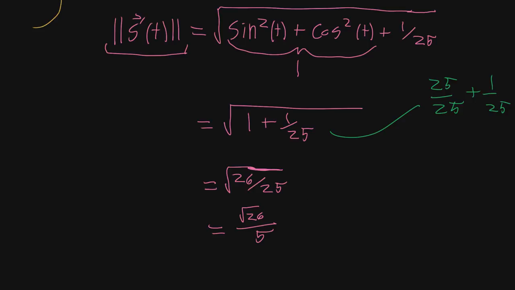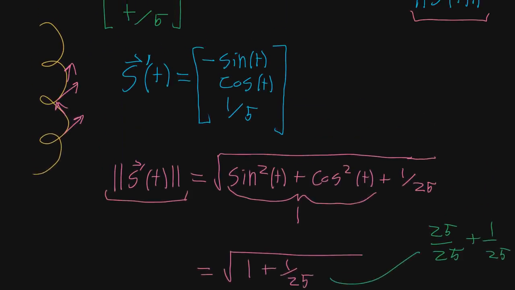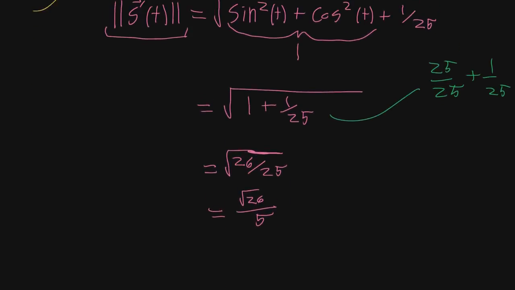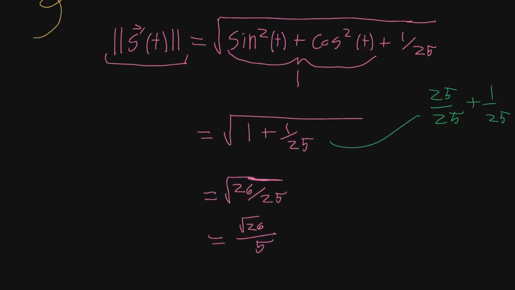But in this case, it's just a constant, which is nice because as we start to think about what our unit tangent vector function for the helix should be, we're just going to take the derivative function and divide each term by that magnitude, right? So it's going to look almost identical. It's going to be negative sine of t, except now we're dividing by that magnitude, root 26 over 5.